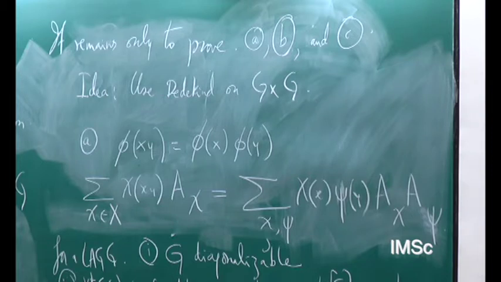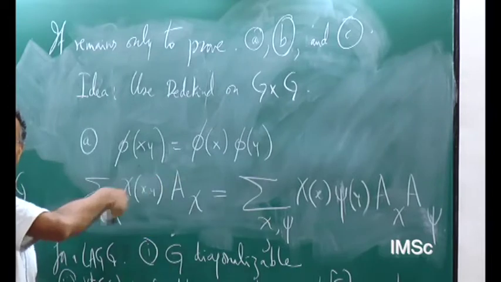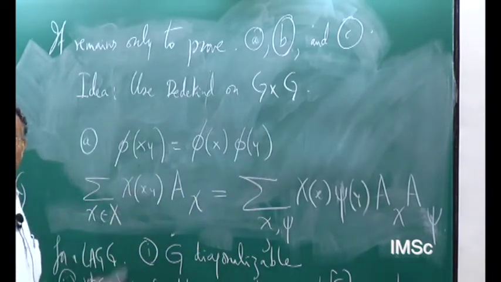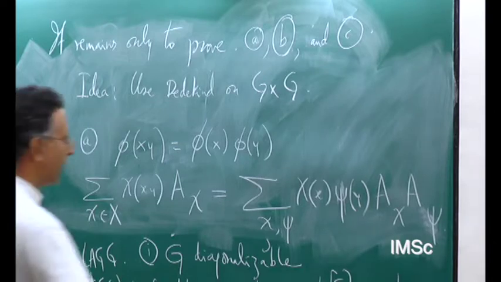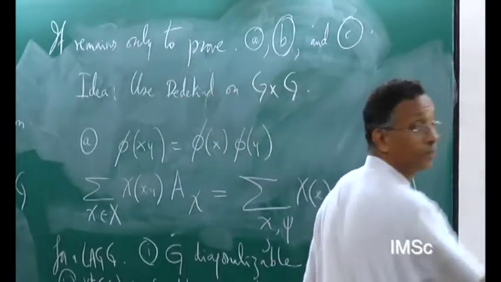I've just substituted for this and this and multiplied out those two things. Now that sort of looks like I have an A chi A psi here.